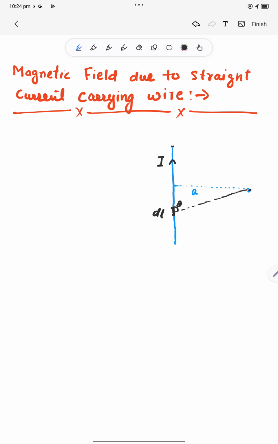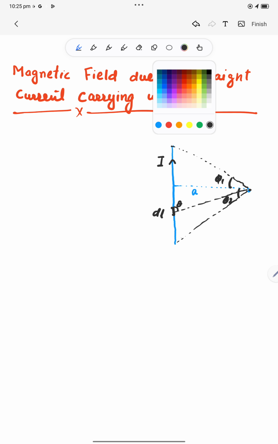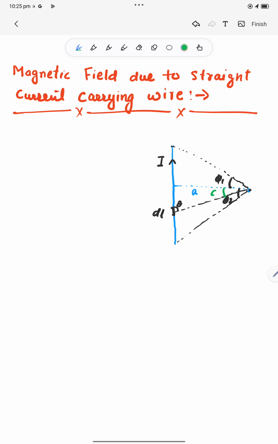We will also join the ends of the wire to this point, so we get angles phi 1 and phi 2, and the angle formed between these two points is phi. We want to calculate the total magnetic field at this point.